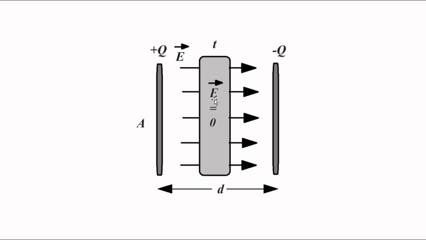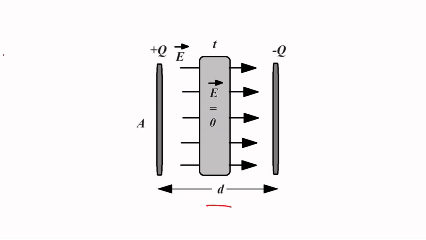The negative free charge carriers will move towards the positively charged plate, and the positive free carriers will move towards the negatively charged plate, and as a result they will produce a counter electric field which will be opposite to the direction of the electric field in the capacitor.